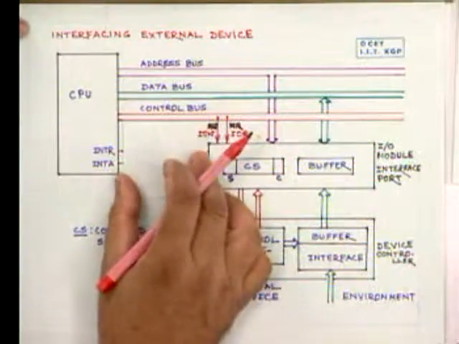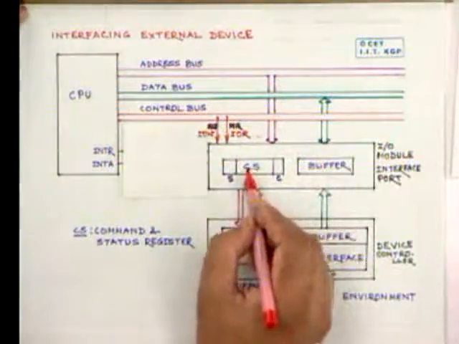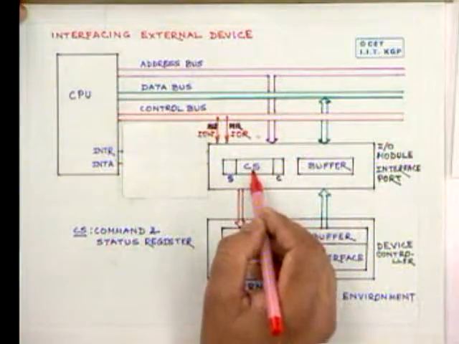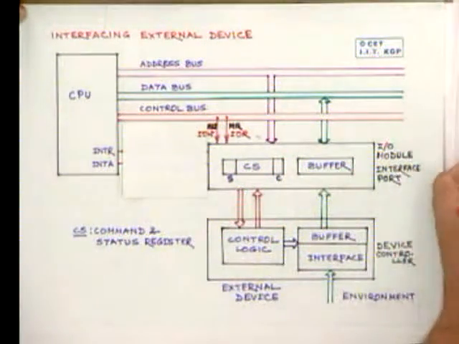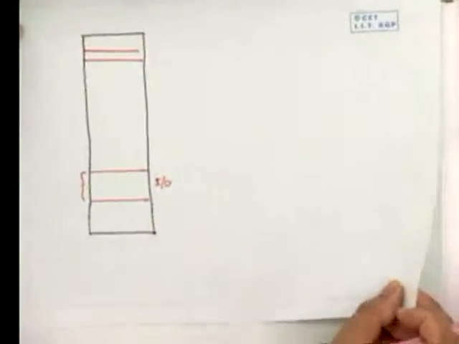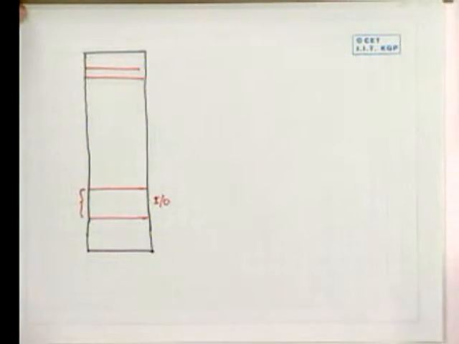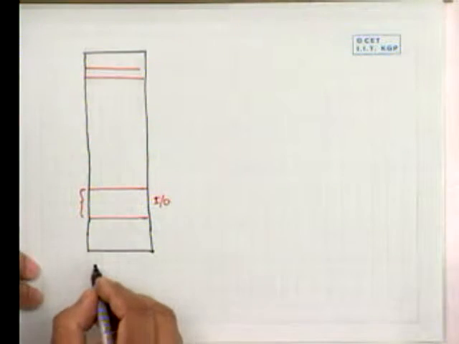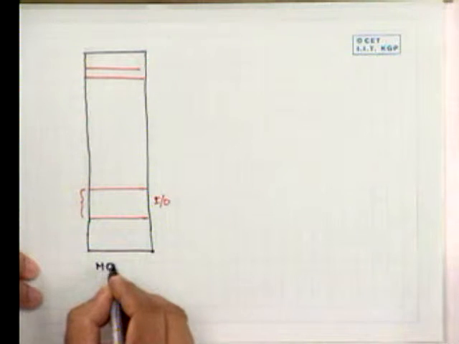In this case, the addresses of these command and status registers and the buffer registers are totally different from the memory and non-overlapping. Say this is the memory.